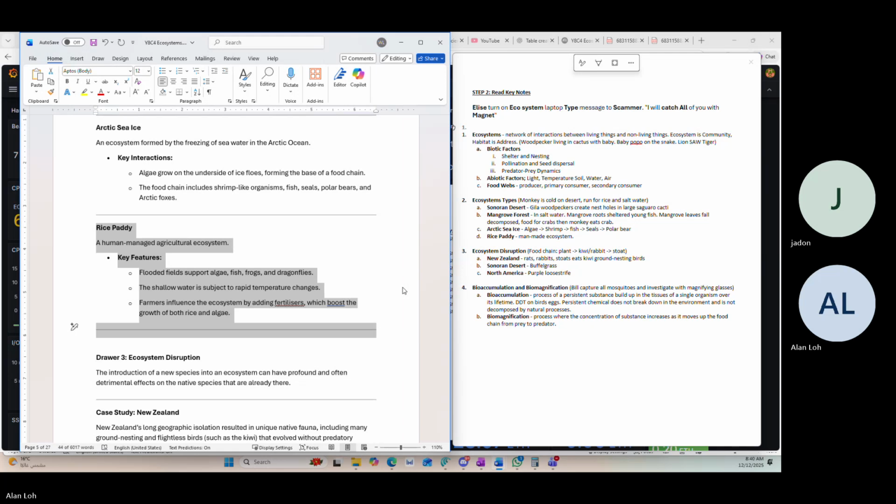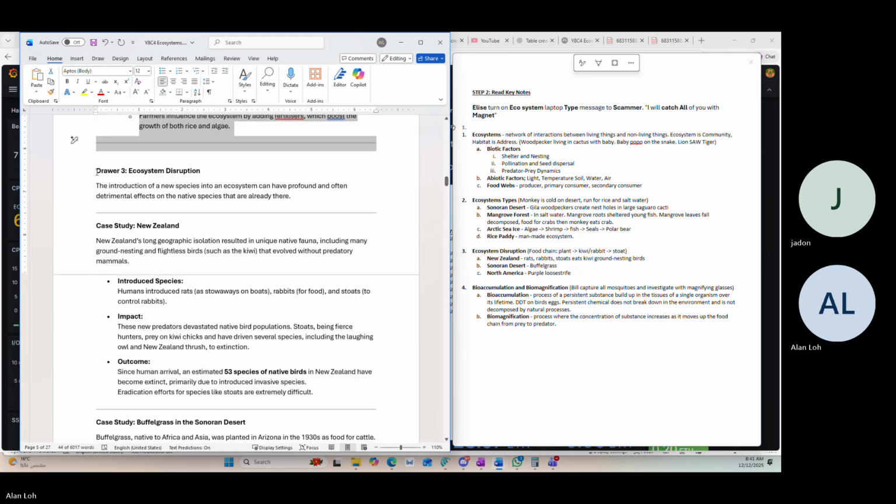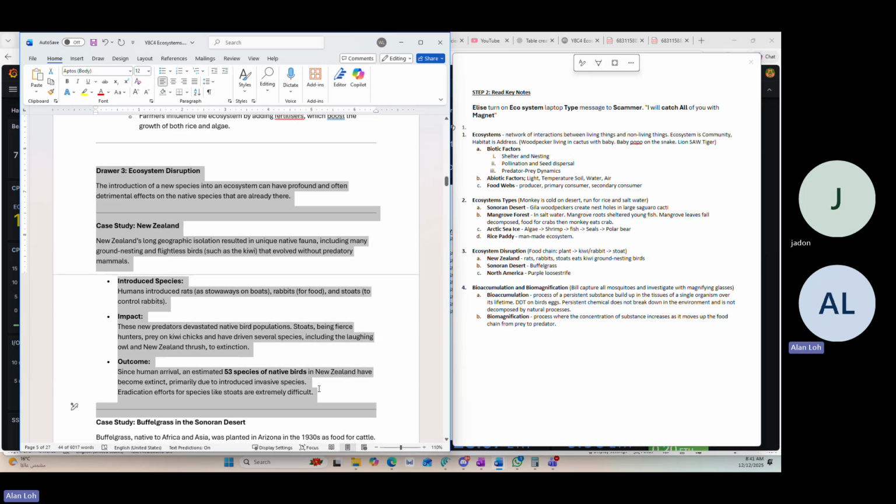Okay, I'm done. Excellent. Let's go to drawer number 3. Before we read, can you tell me what is the name of drawer number 3? Jaden, what is the name? Drawer number 3, ecosystem disruption.